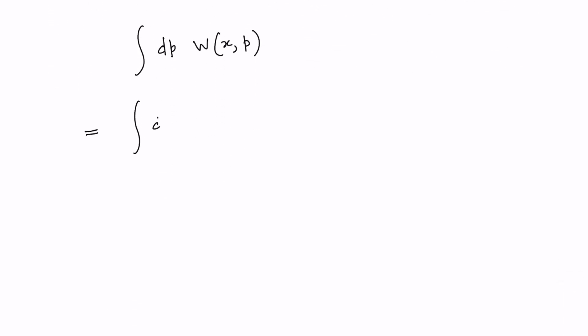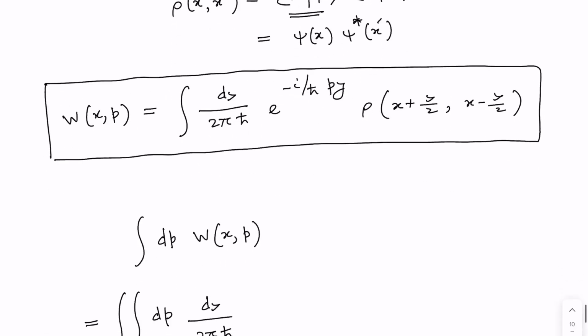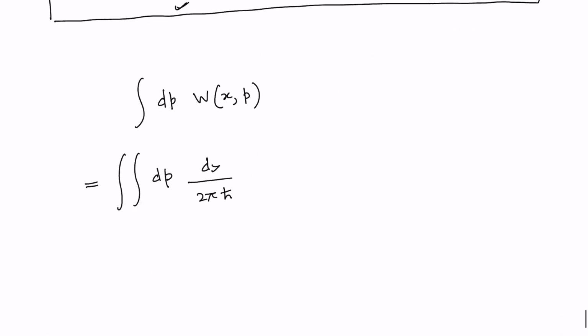I have integration dp W of x, p, and from there I have integration dy divided by 2 pi h bar, e to the power minus i by h bar p y, and we have rho of x plus y by 2 and x minus y by 2.